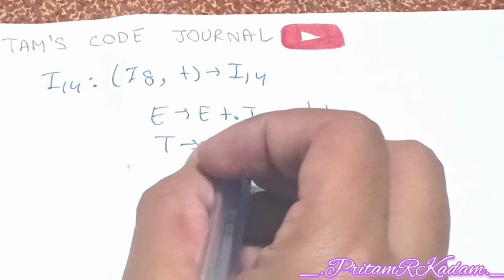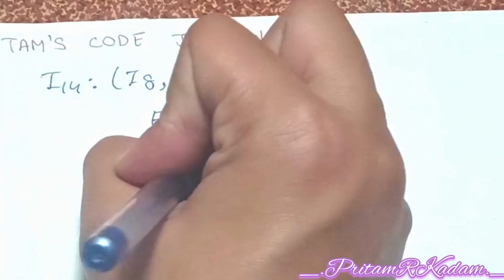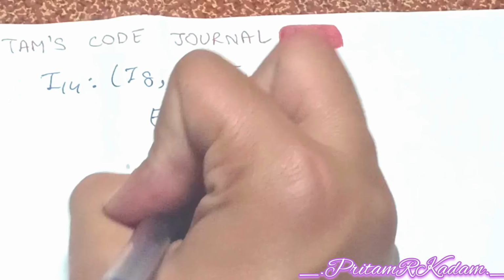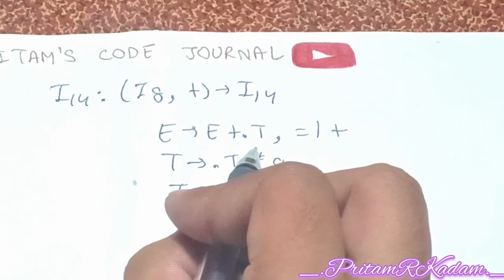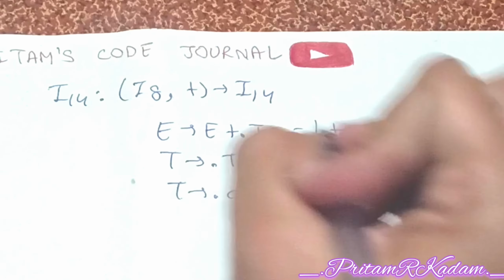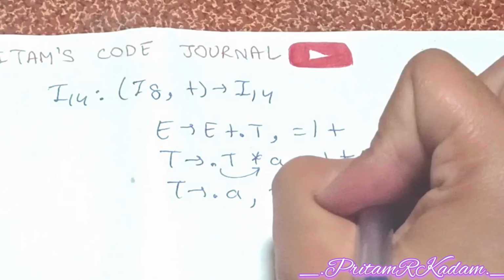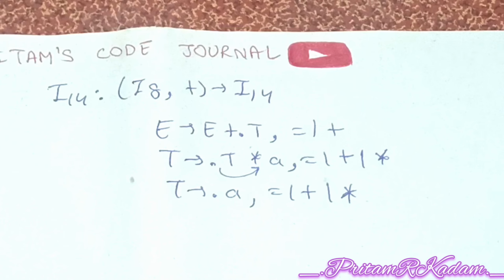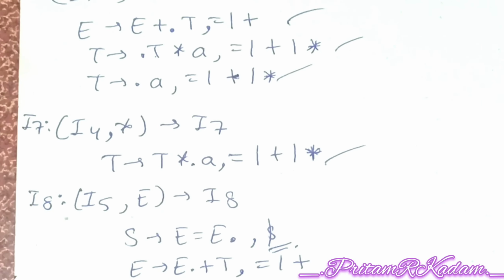So for T's first production, I write dot T star A. And the look ahead same as the first of next elements. So equals to n plus and equals to n plus. And to avoid the repetition, I will write the first of star, as we have discussed earlier.